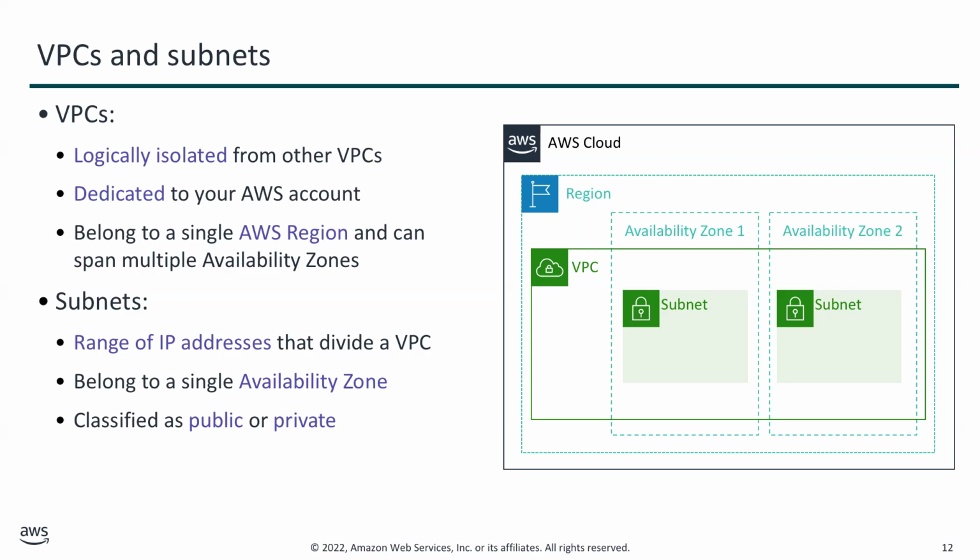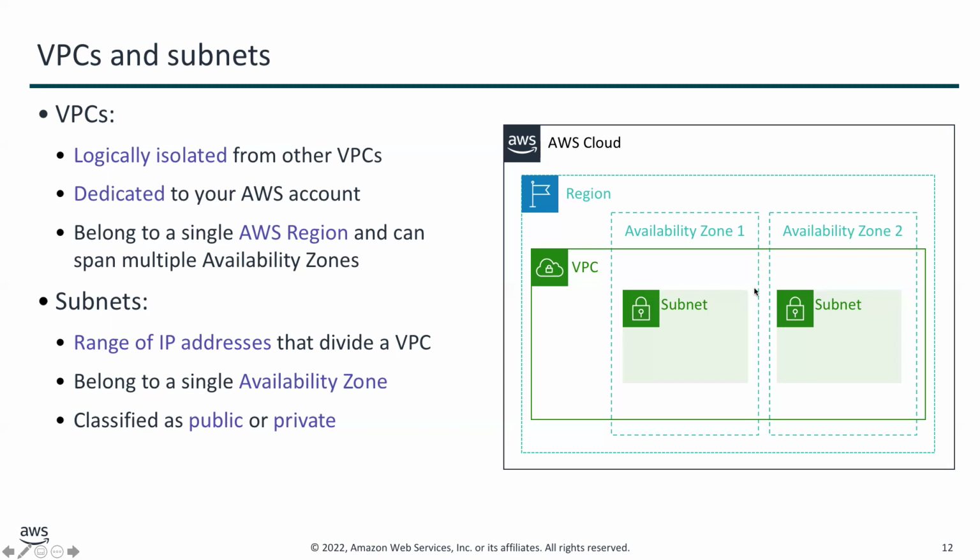You can obviously create an IAM account, like we did last week, and work on this. Start creating a VPC, and it will be associated with that particular account which you used to log in. It belongs to a single AWS region, so it's a region level service and can span over multiple availability zones, as we just saw in this picture.